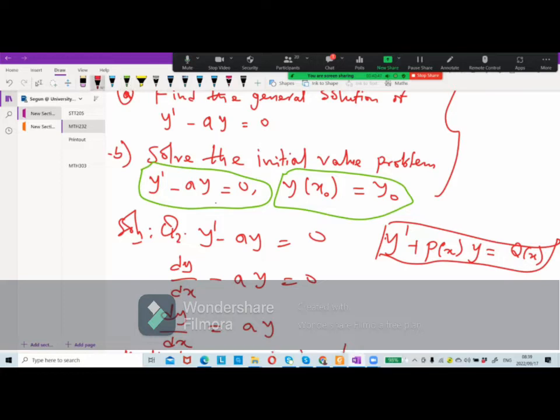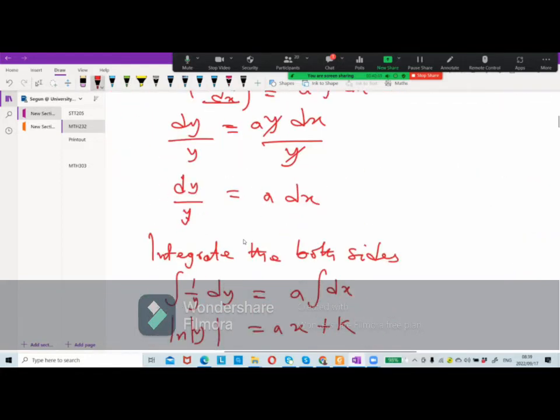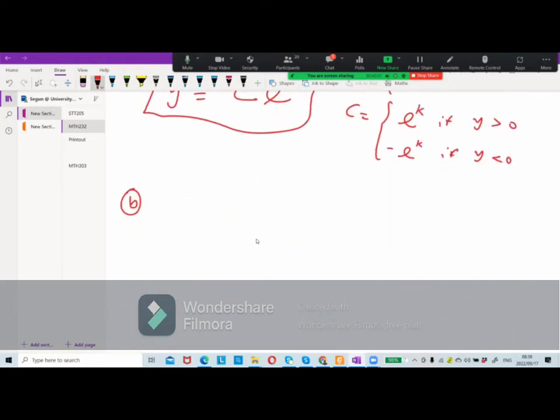Let me pick my pen again and go back. If I impose this condition, it simply means imposing the condition y of x naught equals y naught.